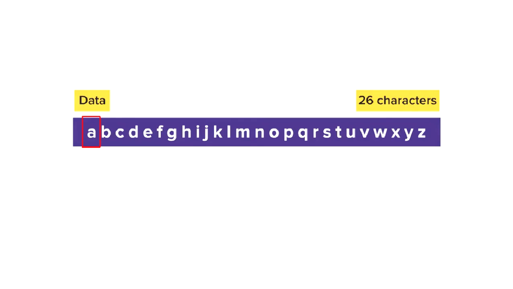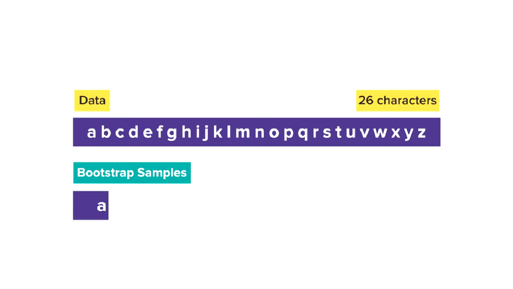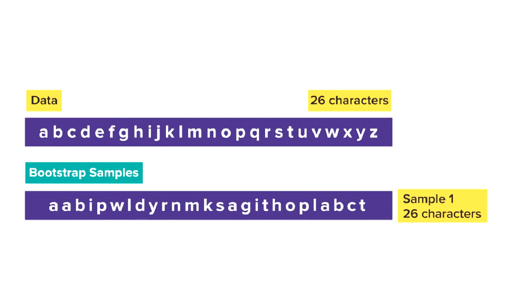For example, to select the first value, we can randomly pick up any of the 26 values and suppose that comes out to be A. So the first element in our sample is A. Now to select the second value, we will again randomly pick up any of the 26 values from the original dataset, and let's suppose we end up selecting A again, and hence the first two elements of our sample 1 are A, A. In similar fashion, we will pick up the third and fourth value at random, and let's suppose B and I get selected. In this manner, we will continue till we have selected 26 values.